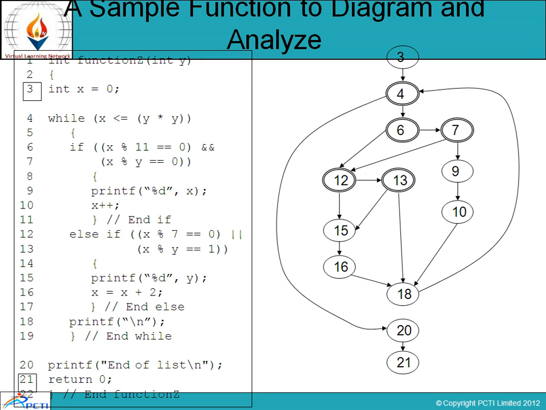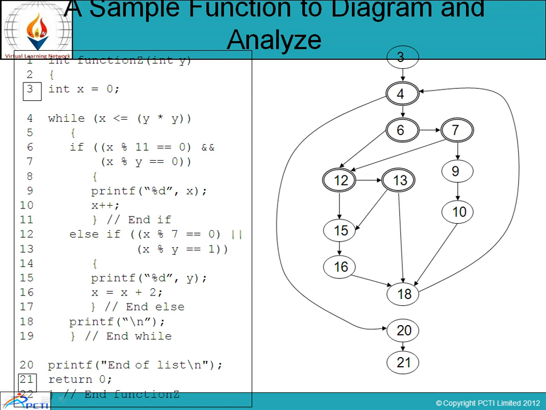Again, here is a simple function diagram that can easily be analyzed with the help of code. Here the node numbers are given according to the steps, starting from here until 21, and each decision node is taken along with the increment and decision loop. These structures are made with the help of this code. I hope it is very clear to you how to make this graph from the start.